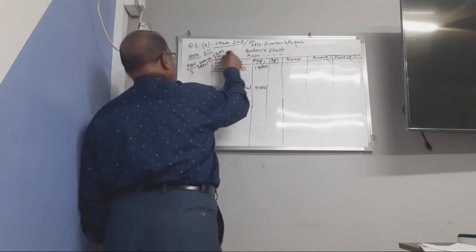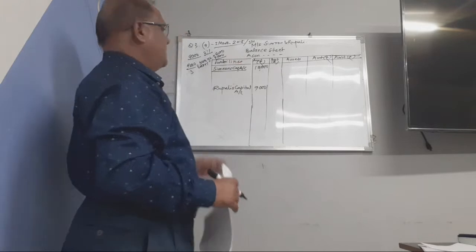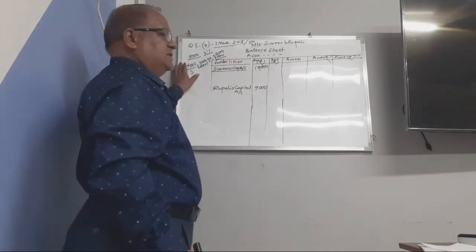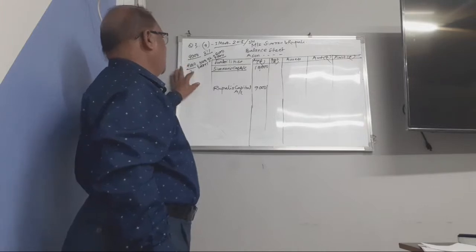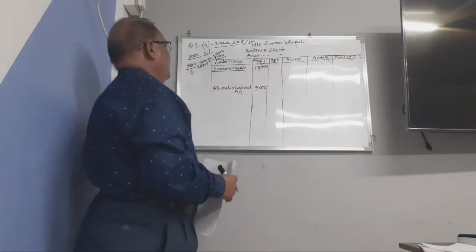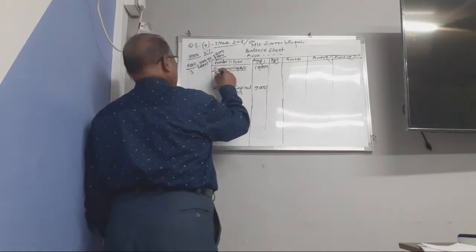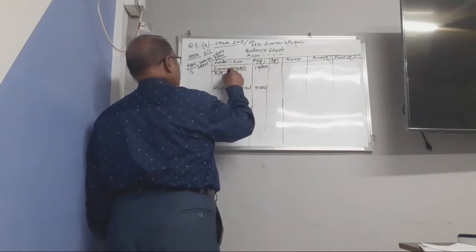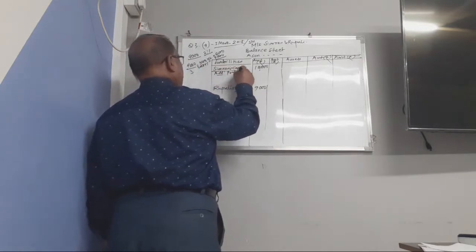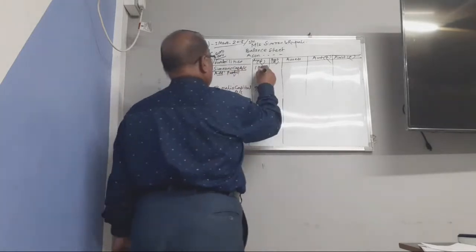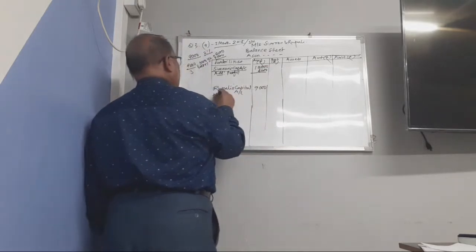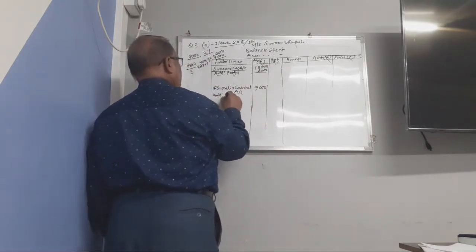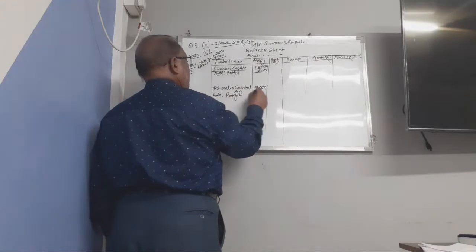So the profit arrived at in this connection is 9,000. Of that profit, Simran will get 6,000, the net profit, or you can just call it profit, 6,000. Then add the profit of Rupali, 3,000.